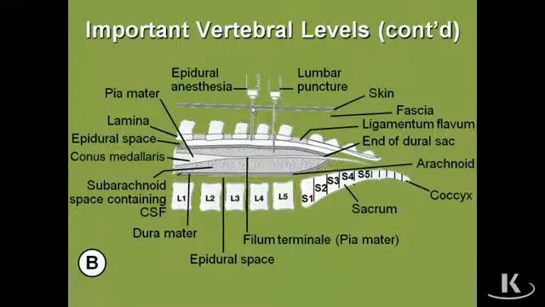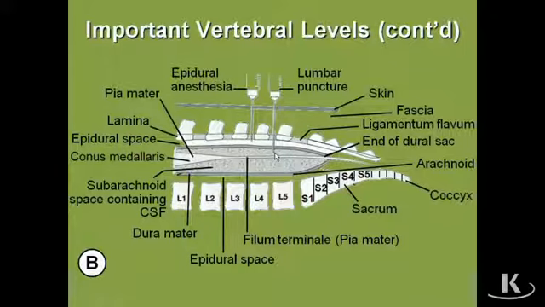And the point that this diagram makes is that depending upon how far you advance that needle through the interlaminar space will determine whether the needle reaches the epidural space or whether the needle reaches the subarachnoid space. If your purpose is to withdraw CSF in order to have an analysis of CSF done or to measure CSF pressure, then obviously we need to advance into the subarachnoid space.